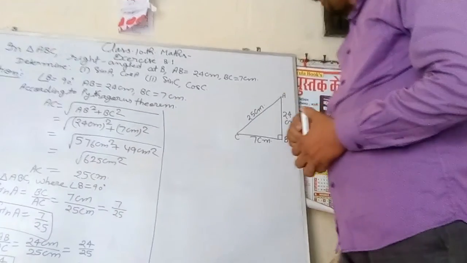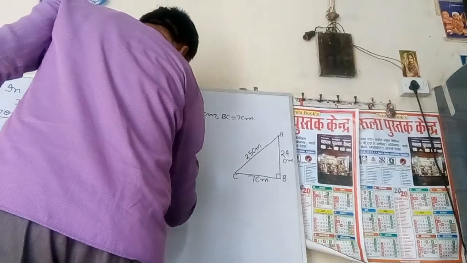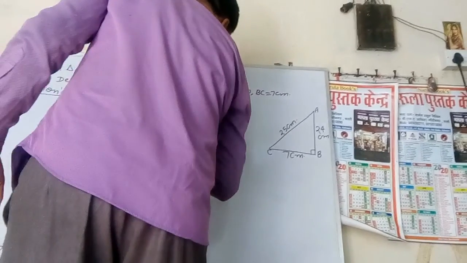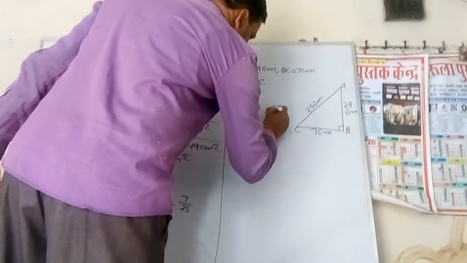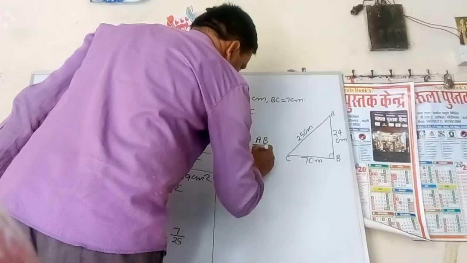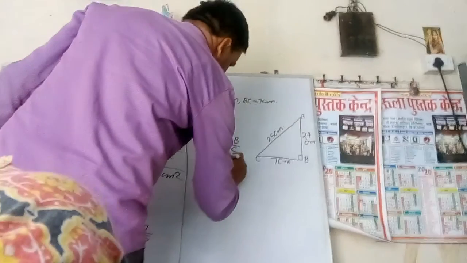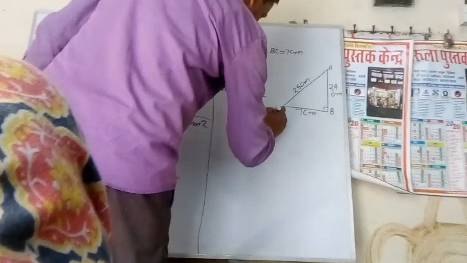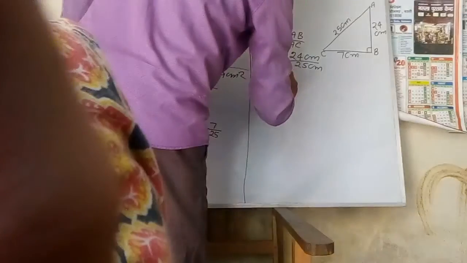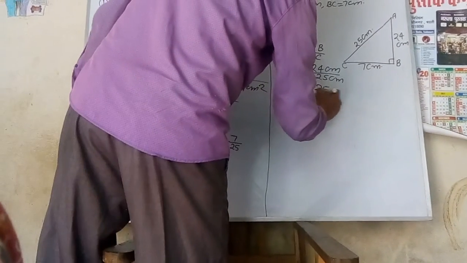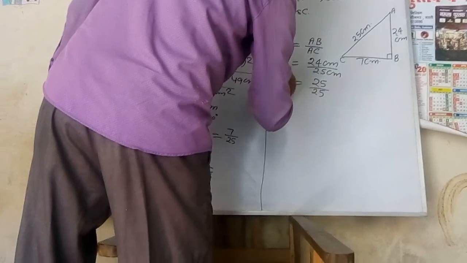So sin C equal to AB upon AC, AB upon AC equal to 24 centimeter upon 25 centimeter equal to 24 upon 25. This is sine of angle C.